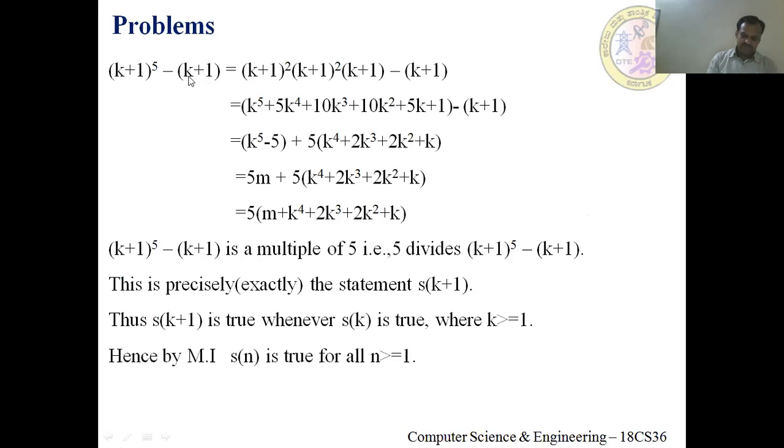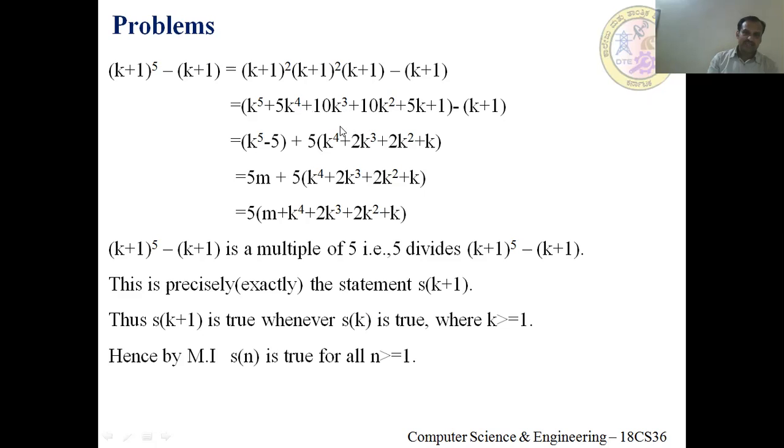Then k plus 1 to the power of 5 can be expanded as k plus 1 whole square into k plus 1 whole square into k plus 1. Upon simplification, we are going to get k to the power of 5 plus 5k to the power of 4 plus 10k to the power of 3 plus 10k square plus 5k plus 1 minus k plus 1.